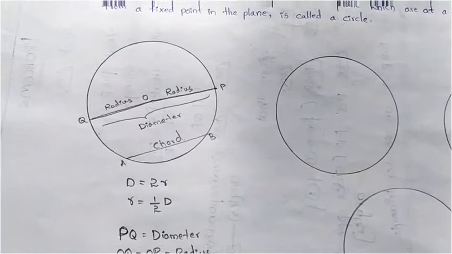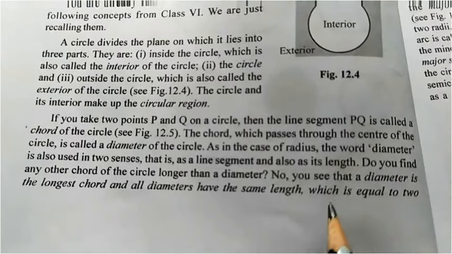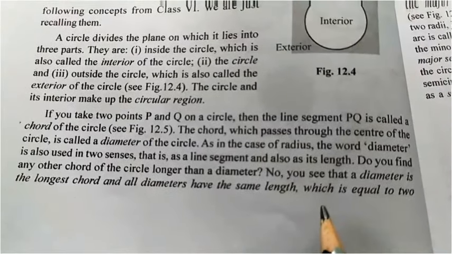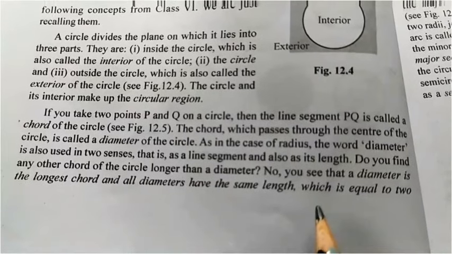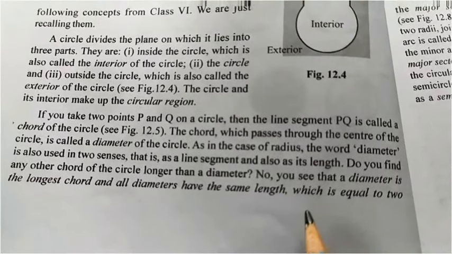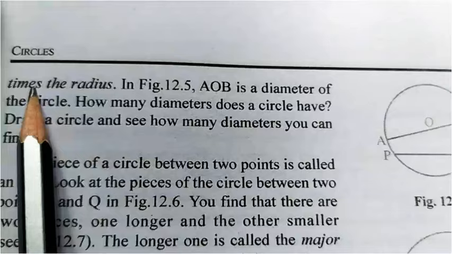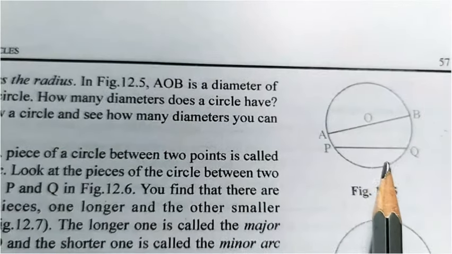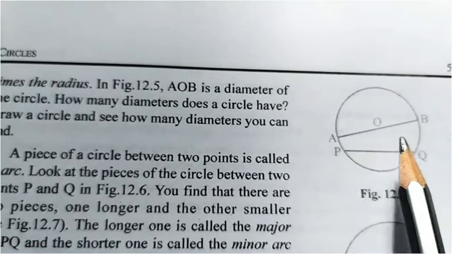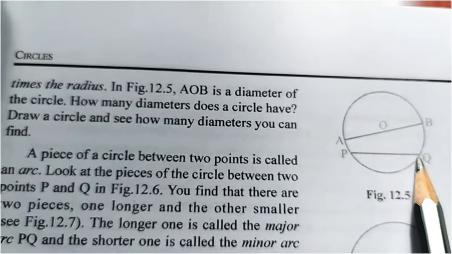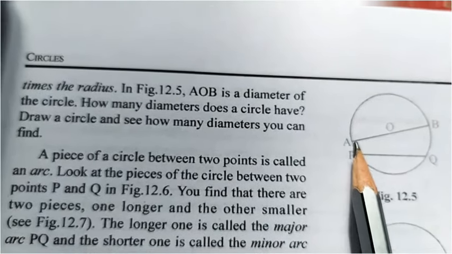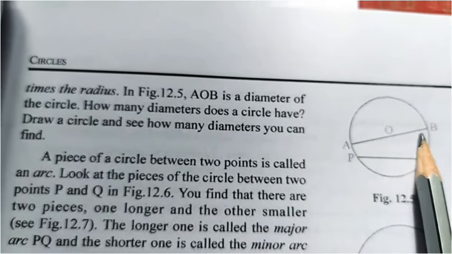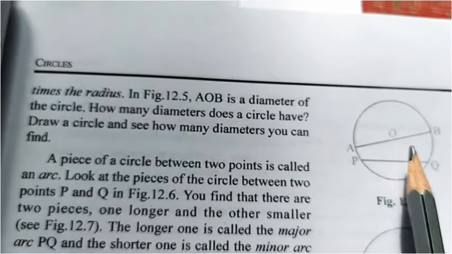In your textbook they have given that the diameter is the longest chord, and all the diameters have the same length, which is equal to 2 times the radius. Here in the figure they have given AB as diameter and PQ as chord. The longest chord is nothing but the diameter.